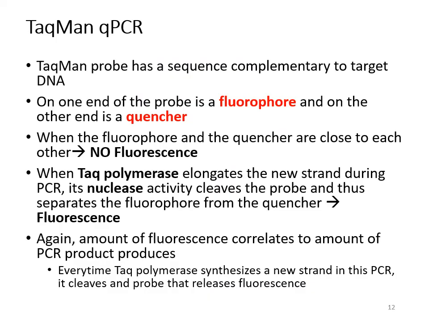Okay, this is a slide that helps you see in words what I was just saying. Make sure you're very comfortable with knowing what happens with the fluorophore when it's near the quencher versus when it's separate. Okay, make sure you can explain how exactly a TaqMan probe allows us to quantify a PCR product.